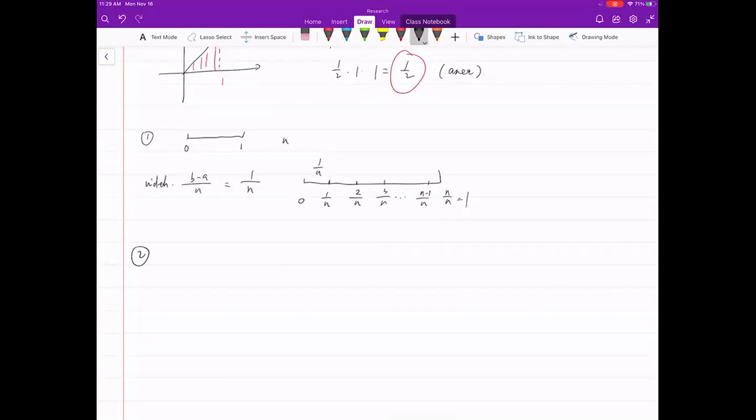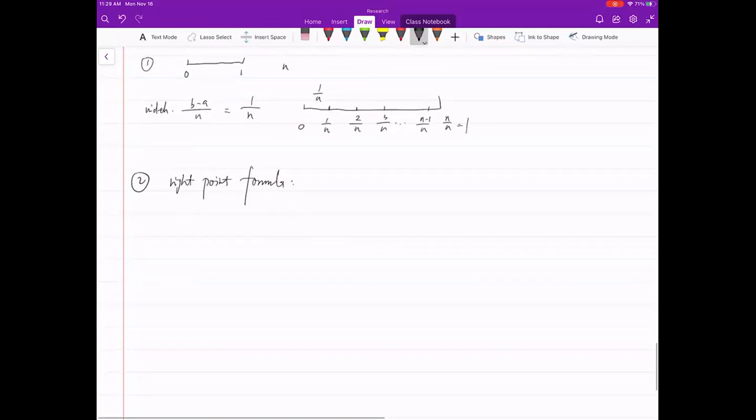Second, I want to use the right-hand formula. You can use left or middle point or any, but like we said, when you take the limit, it really doesn't matter which one. Let's take the right one. Then this is the ith interval, x_{i-1}, x_i.